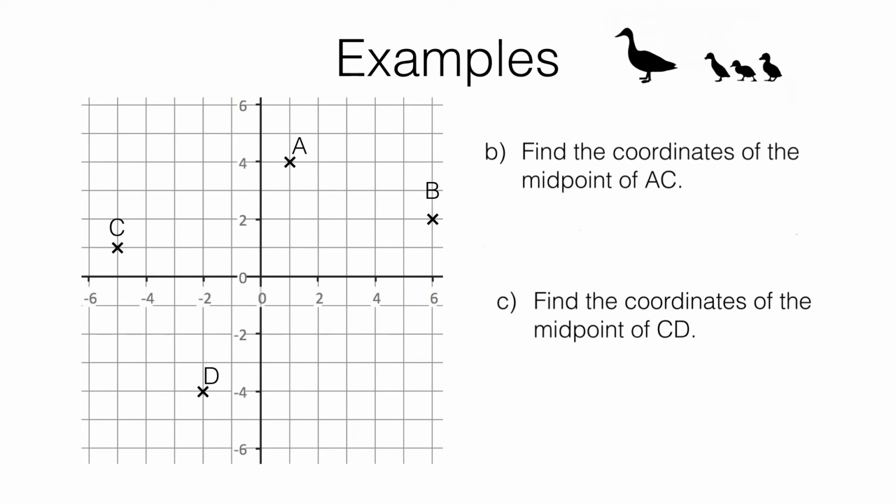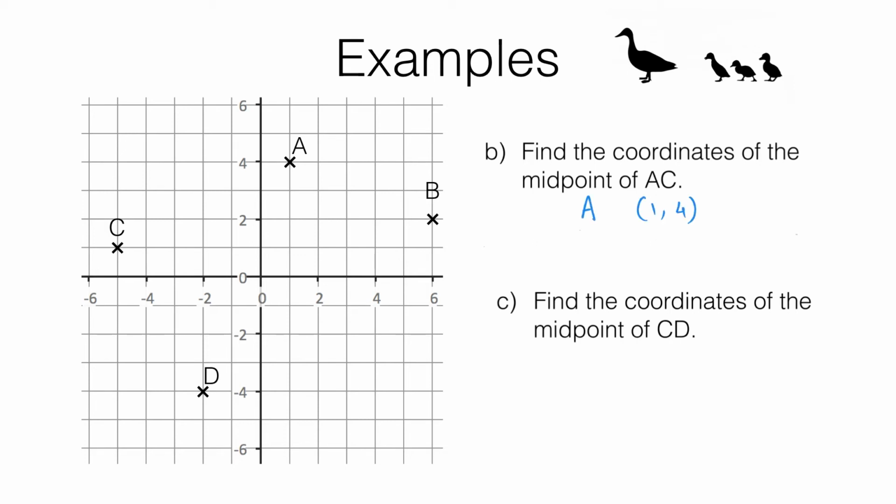Let's have a look at example B. This time we want to find the coordinates of the midpoint of AC. Now, we could join A and C together to get a line segment and look for what's halfway along, but let's try using the method we've just seen. The coordinates of A are (1, 4).